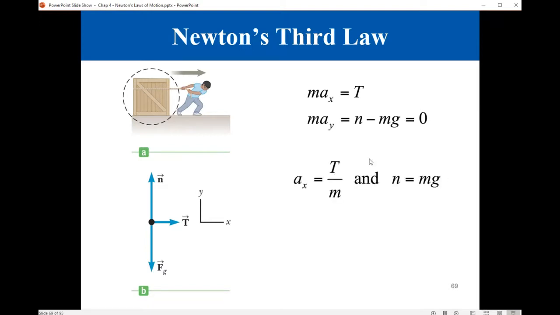Assuming no friction, assuming this is a smooth surface, frictionless surface, then T equals m a_x, and for the vertical direction there is no motion, so m a_y is 0. It's equal to N minus mg, so therefore N equals mg. From the first equation here, a_x is equal to T divided by m.